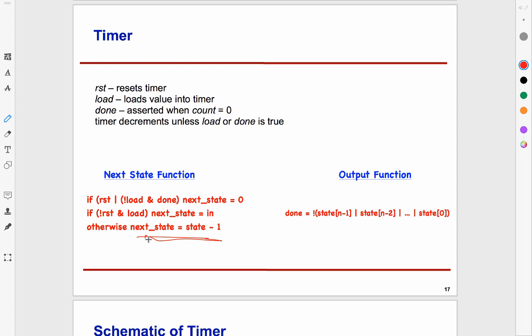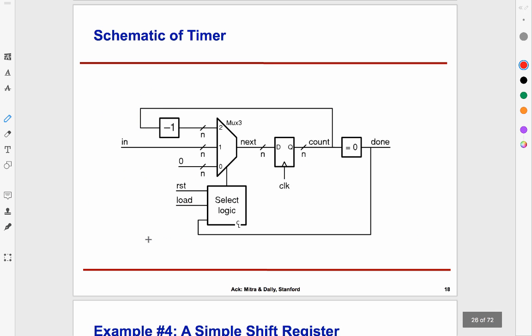So there are 3 cases, and again this smacks of a multiplexer, with a decrementer sitting in front of it, something which does a -1. The 3 cases are going to be: feed a 0, or feed in, or feed the output of the decrementer, and then the control inputs of the multiplexer have to be controlled by these 3 conditions. So we can create something like this.